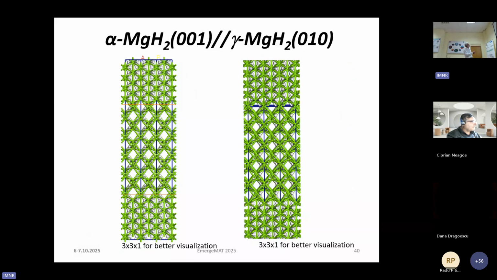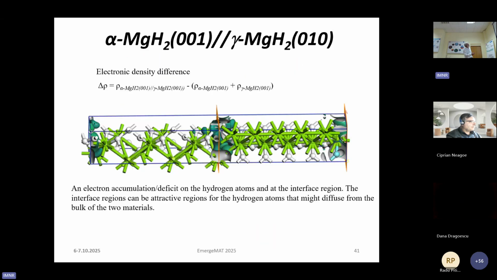So you see here, this is alpha, and this is gamma. So we have in this case two interfaces, and we can perform the calculations in the same way. And we can see that here again, we have a different distribution of electronic density.